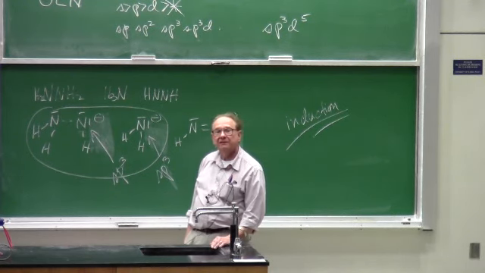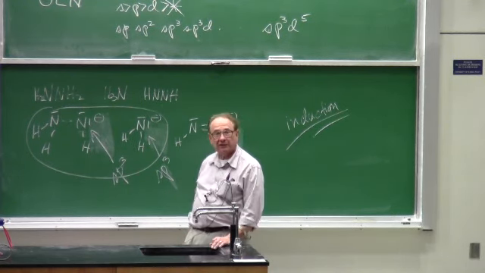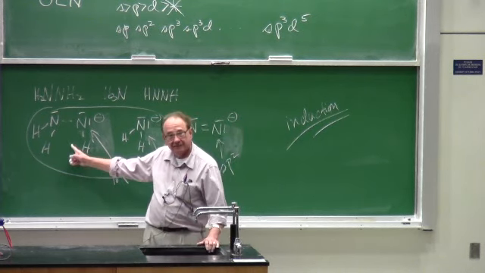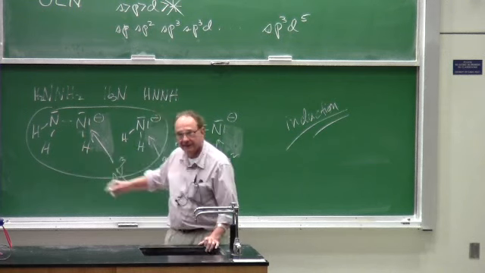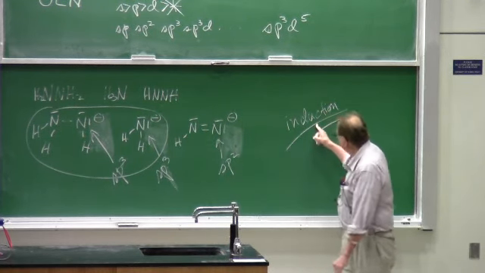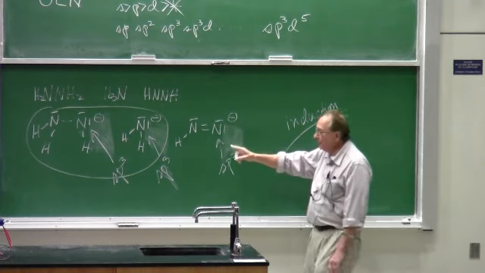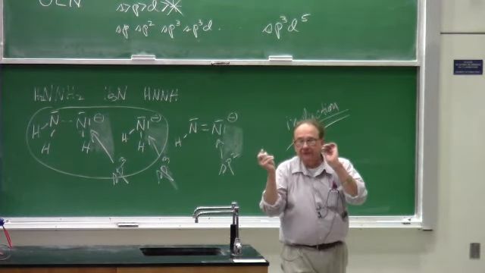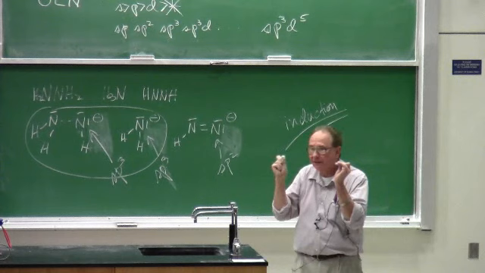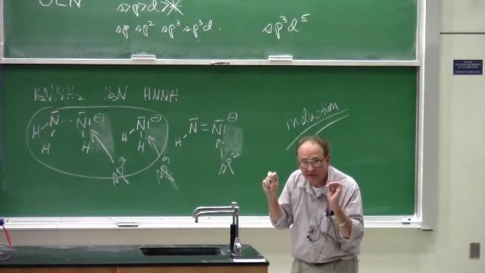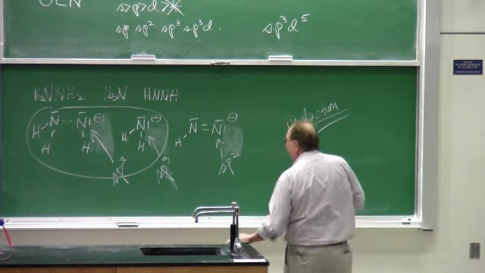So what's the difference? Which of these bases is weaker and more stable? The answer is this one. Why? The answer lies in induction. Tell me, how does the electronegativity of nitrogen compare to that of hydrogen? N is more electronegative than H. Guess what?